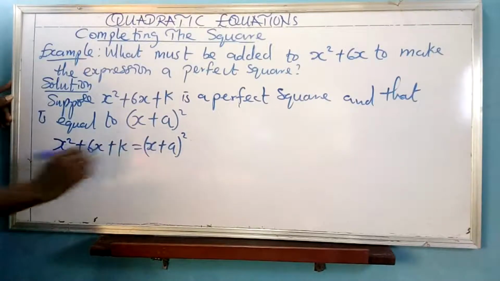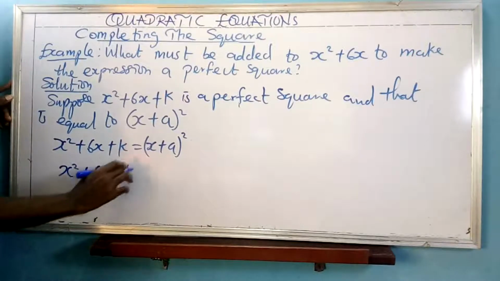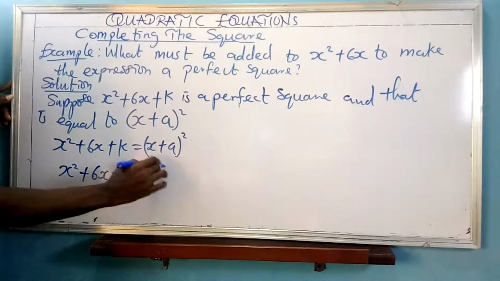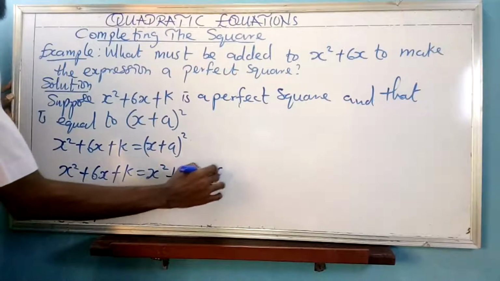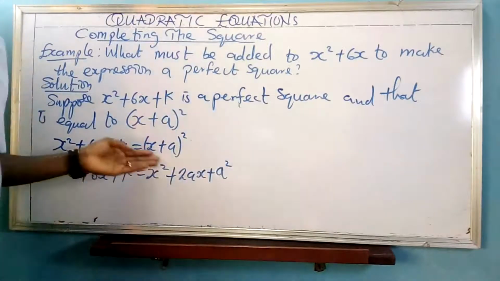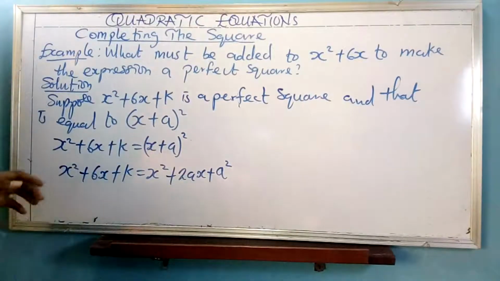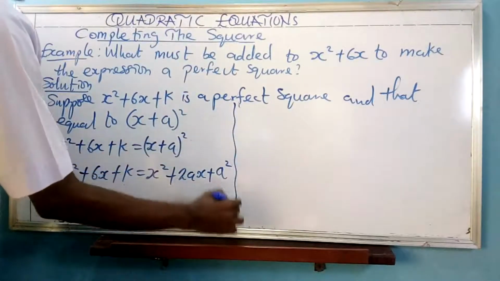Don't forget how to expand that. Expanding, 6x plus k will be equal to x squared plus 2ax plus a squared. You will remember this one; you know how to do that. When you expand this, you're going to have this. We're not going to go through that one step at a time today.